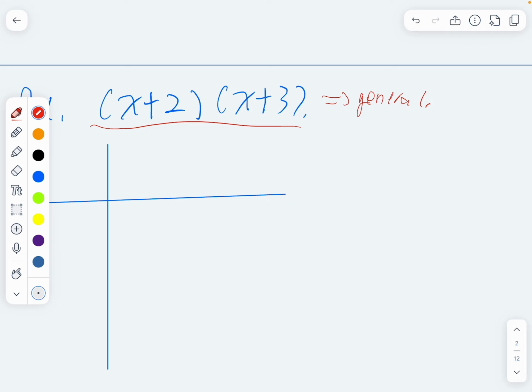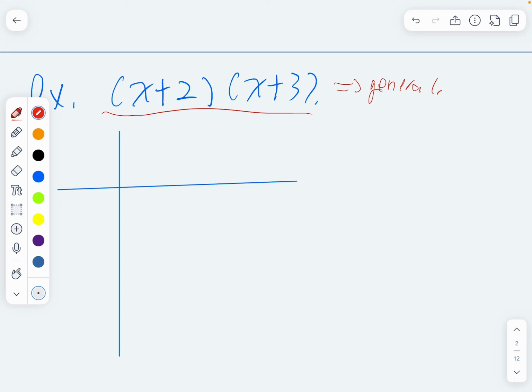We can use a table for the area model. So first we draw the table. Now we need to label the two terms. The first term is x plus 2, and the second term is x plus 3.